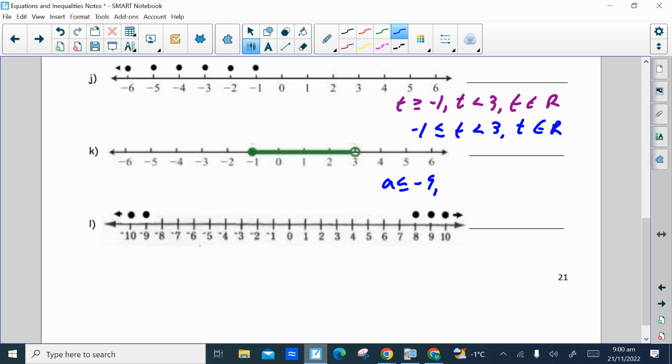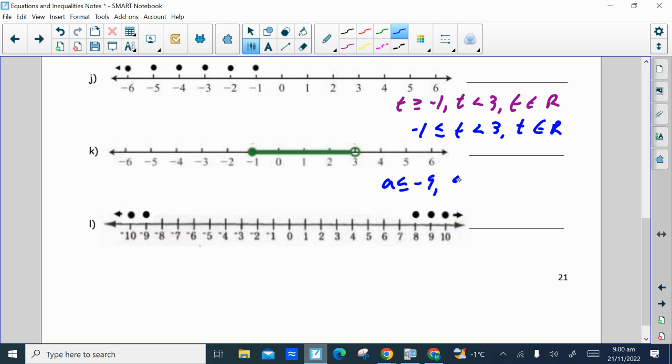What will the next part look like, Brooklyn? Where does it start on the right? At 8. And you see the arrow going to the right tells us that that pattern continues.